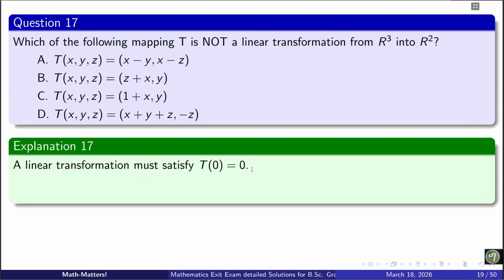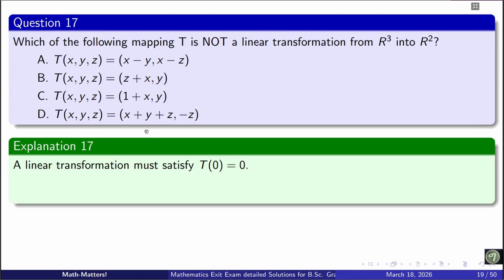So when we check, for example, option A, T of (0, 0, 0) gives 0 minus 0, that is 0, and 0 minus 0, 0, so T of 0 is identical with 0 and it is satisfied.